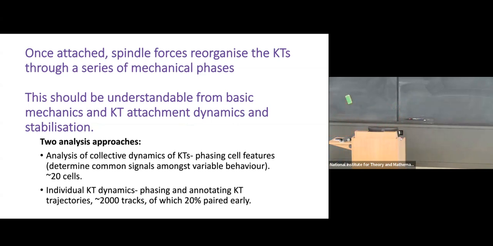Okay, so once attached, the spindle forces reorganize the kinetochores through a series of mechanical phases. That's basically what I've shown you. And we think that this should be understandable from basic mechanics and the attachment kinetics. We can analyze this in two methods. We've got the analysis of the collective dynamics.